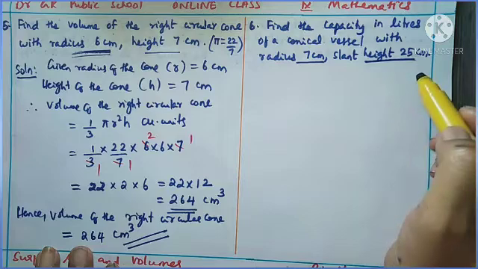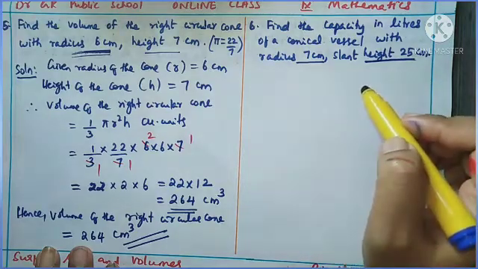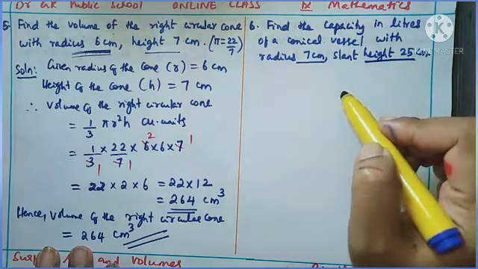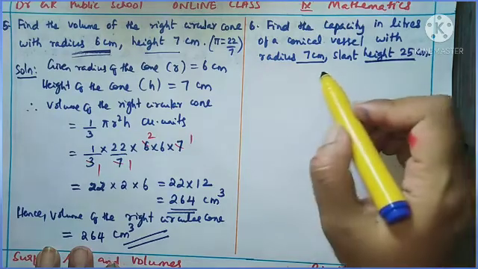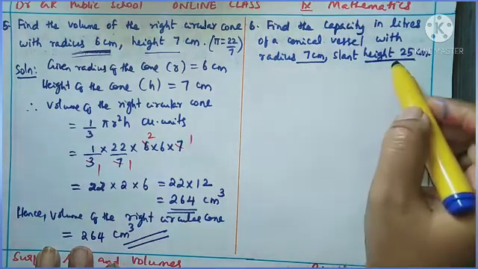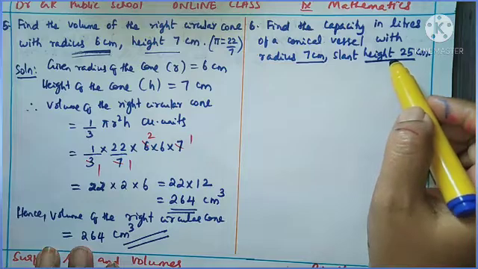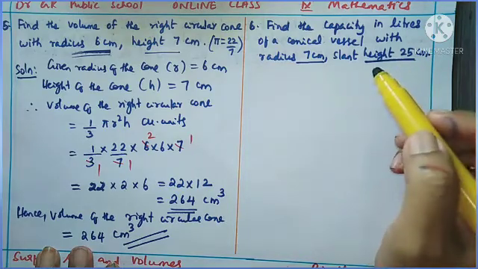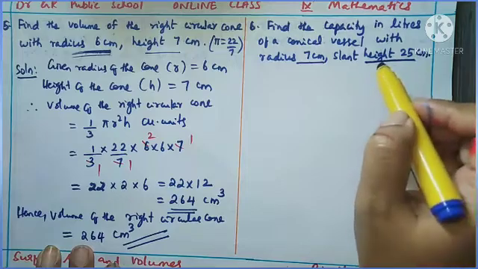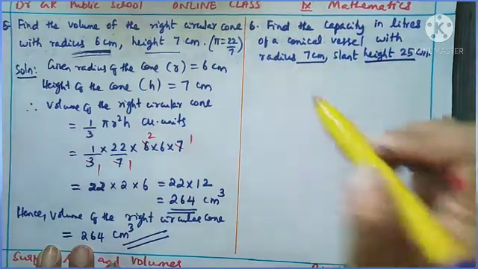In the formula we have 1 by 3 pi r square h. So we need radius and height, but here radius and slant height is given. So we want to find the height of the cone using this slant height and radius.